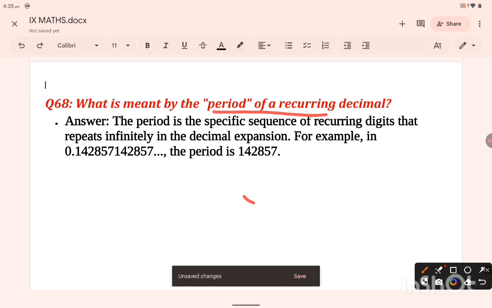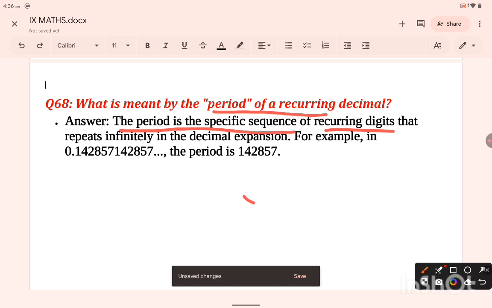The digits present in the recurring block are called the period. The period is the specific sequence of recurring digits that repeats infinitely in the decimal expansion.